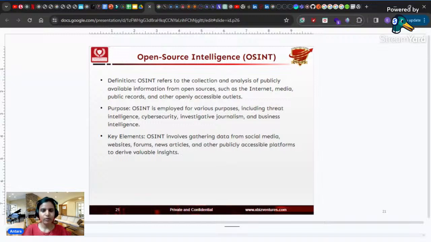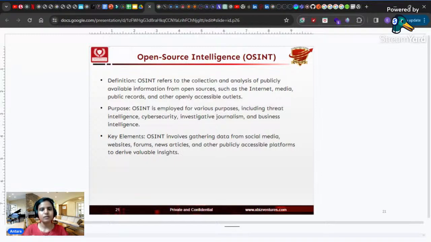So attack surface monitoring and attack surface management have come from a derivation called open source intelligence, that's OSINT, which many security researchers as well as attackers use. So what is basically OSINT?